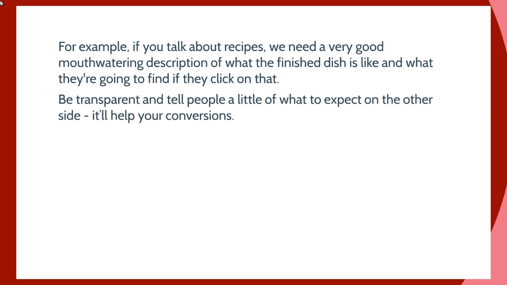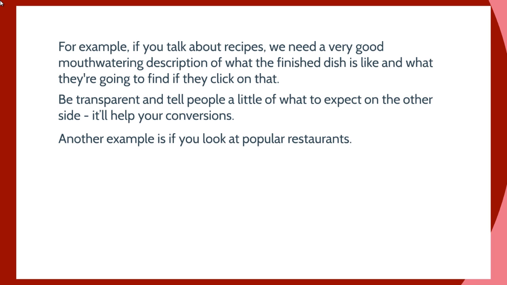And that will actually help your conversions, and it'll also help gain trust, because people will realize that you're being genuine. You're not hiding anything. You are telling them up front what to expect, and when they click on that, they are more likely to trust you. So transparency is very, very important. Being authentic is really important as well.